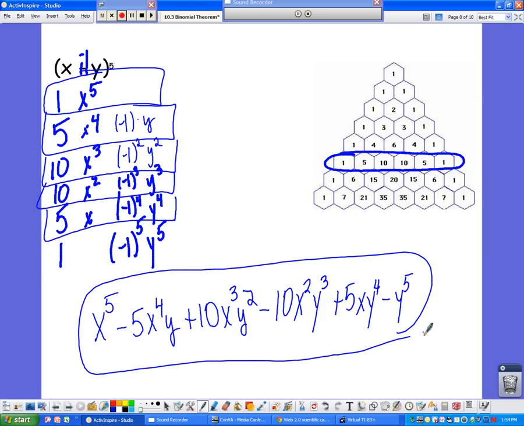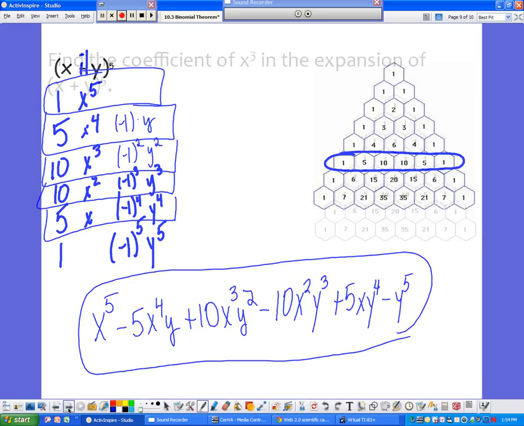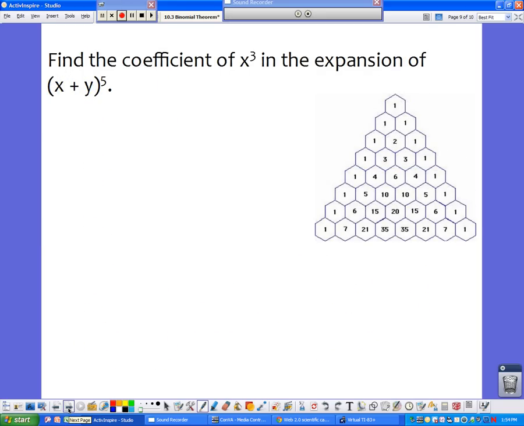Okay. Now a couple more examples. Occasionally you're going to be asked to find what the coefficient would be for x to the third in the expansion of x plus y to the 10. So I will tell you, this is not something that's hard, but some of you are going to forget to do this. All you have to do is use a combination, just like we did on the last lesson.